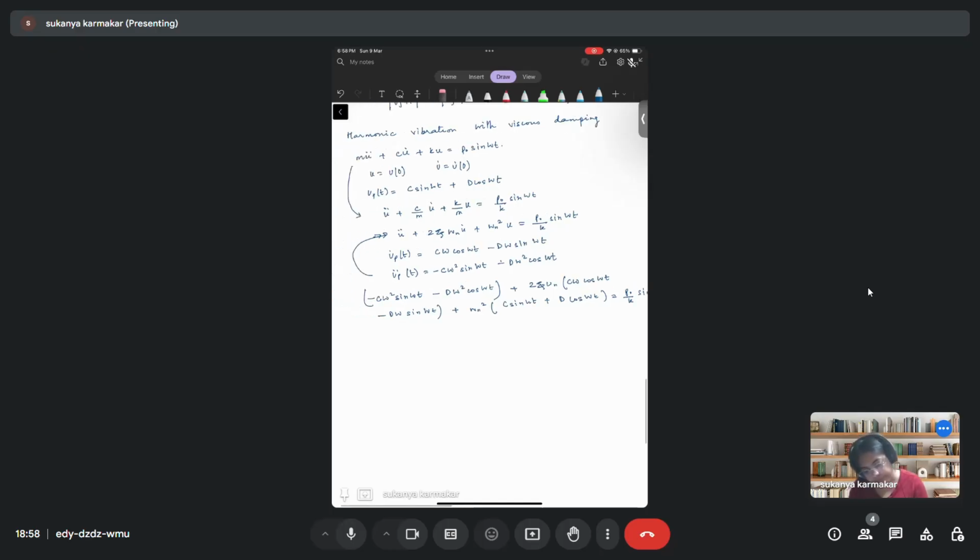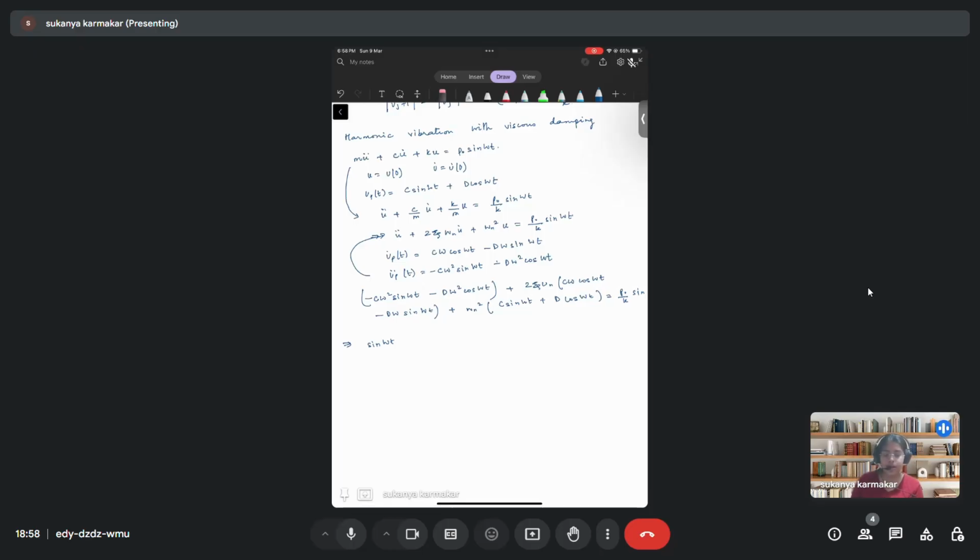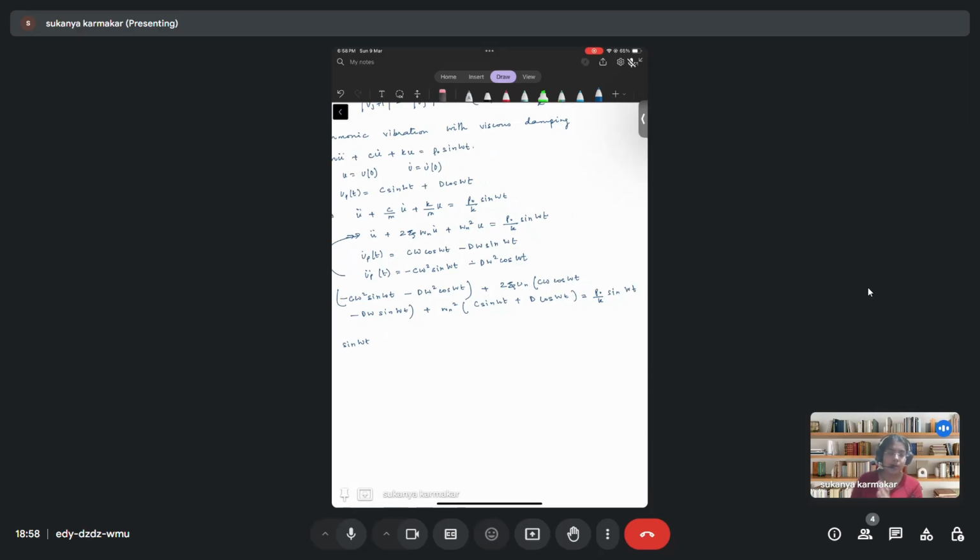Then in this equation, collect all the coefficients of the term sin omega t and all the coefficients of the term cos omega t, and then you can equate the terms on the left hand side and right hand side.